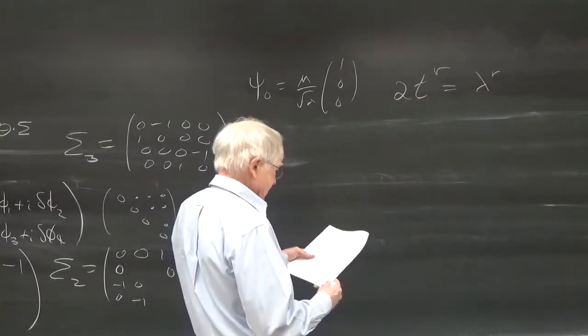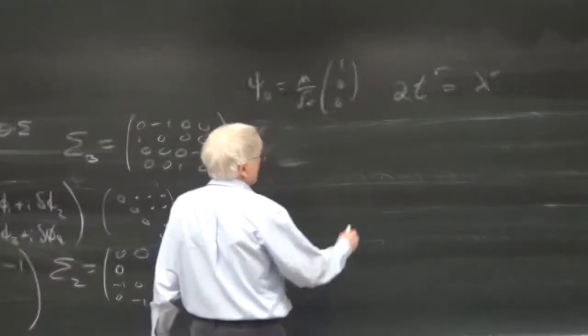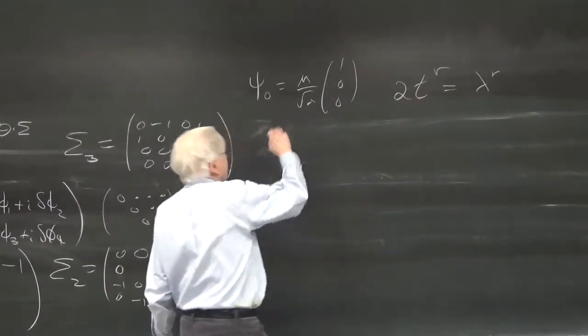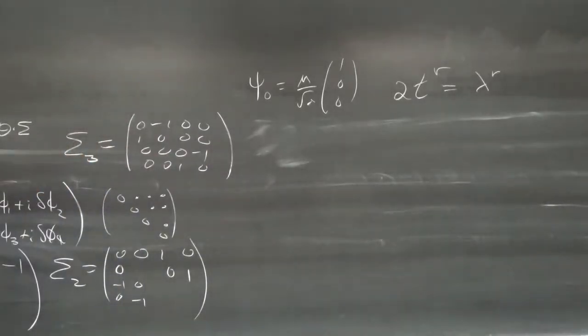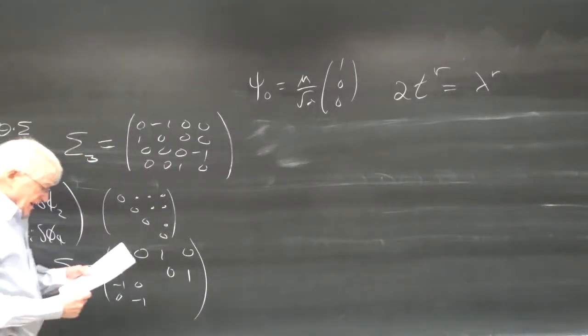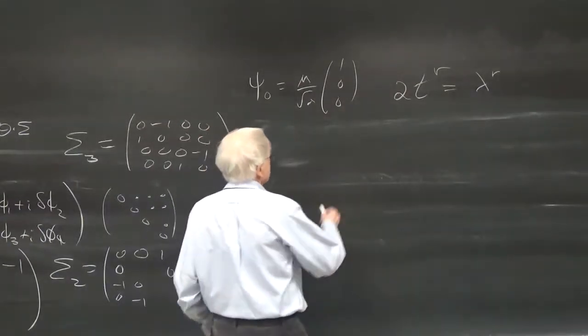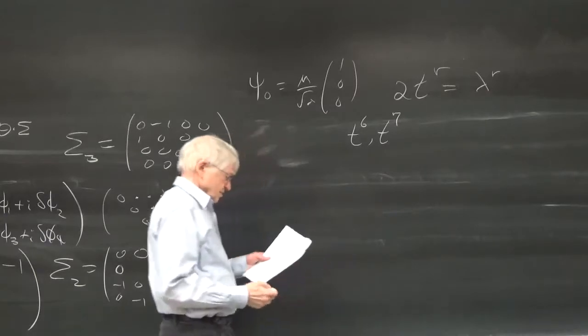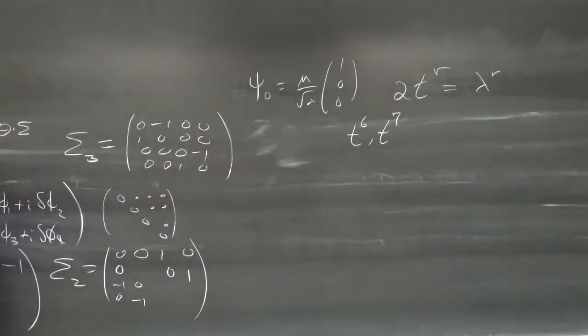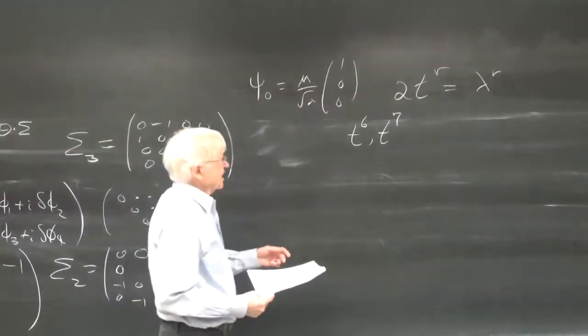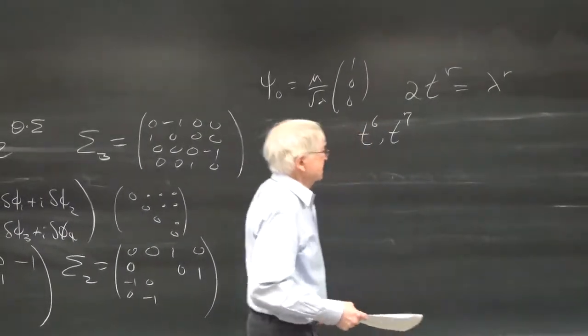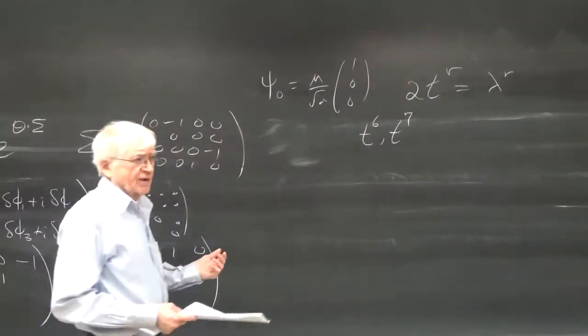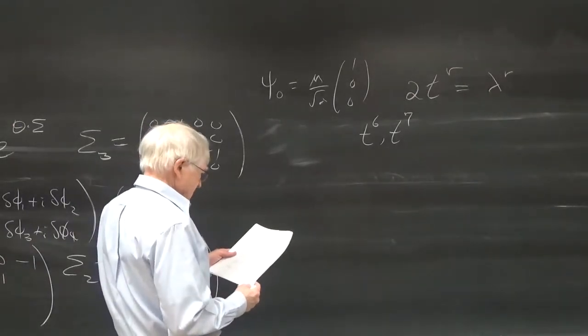In any event, you can then ask which of these matrices annihilate this vacuum vector, and it turns out that the only 2 that do are T6 and T7 in the normal representation. By the way, these are printed out in the chapter on group theory. I write down all 8 of the generators, actually in terms of lambda, because then you avoid the factor of 1/2 everywhere.